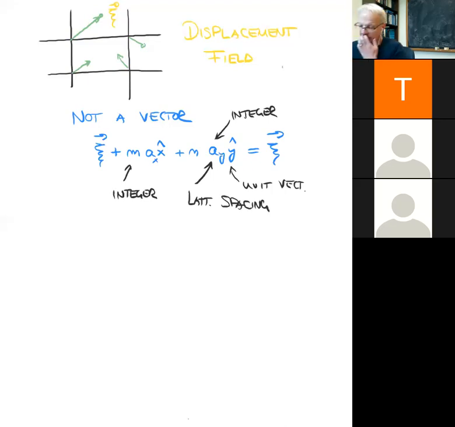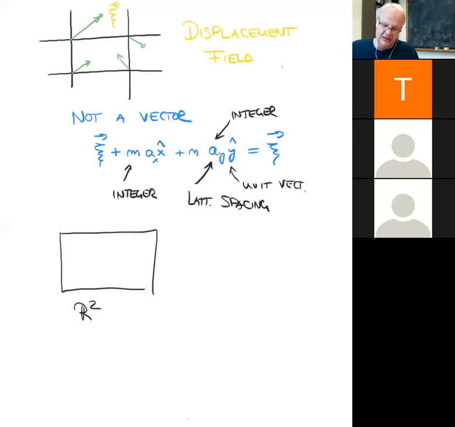Okay. So what that means is that this displacement field, even though it looks like a vector field, is actually periodically identified. If I have two vectors that differ by a multiple of A, then it's the same vector. And so if, for example, again, this also applies to 3 dimensions, but let me, for simplicity, plot that in 2 dimensions, because that's a little bit easier. So if my real space is just ordinary R2, so that's where the atoms live.